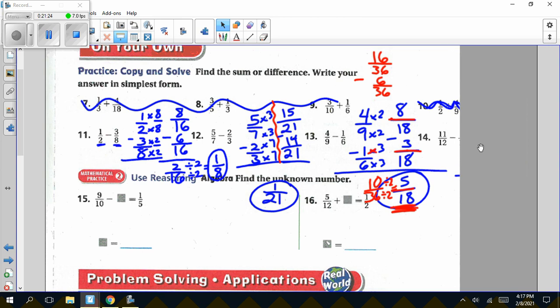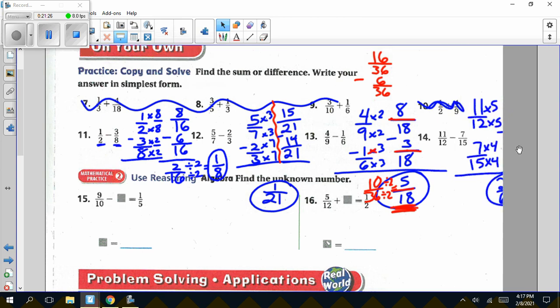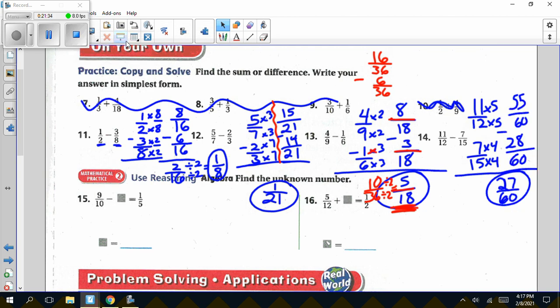For the last one here, we had 11/12 and 7/15. The common denominator was 60. So you should have 12 times 5, which is 60, and then you do 11 times 5, which is 55.